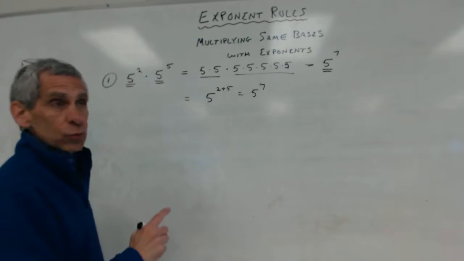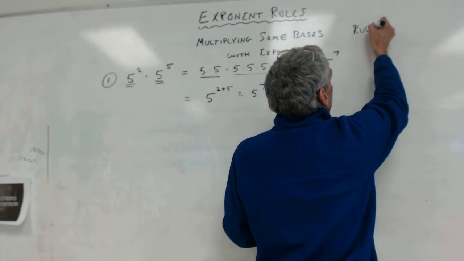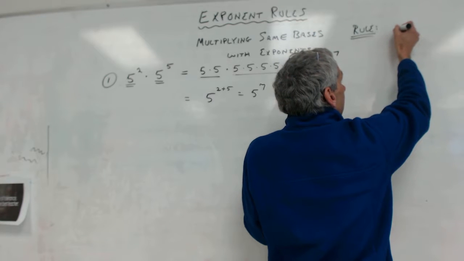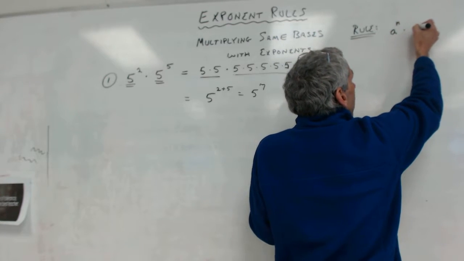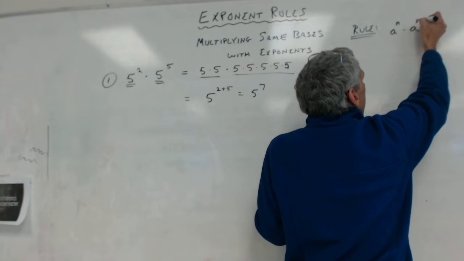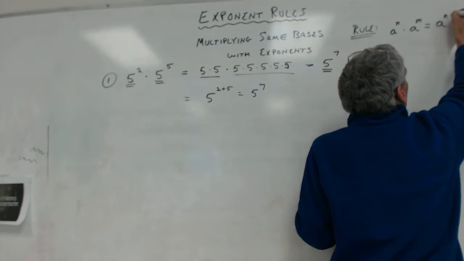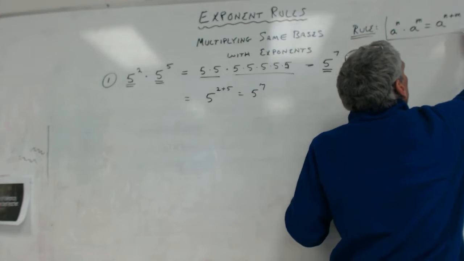So all right, here's the rule. This is what you will see in a textbook when they say this rule for multiplying. A to the n times a to the m is equal to a to the n plus m. That's your rule.